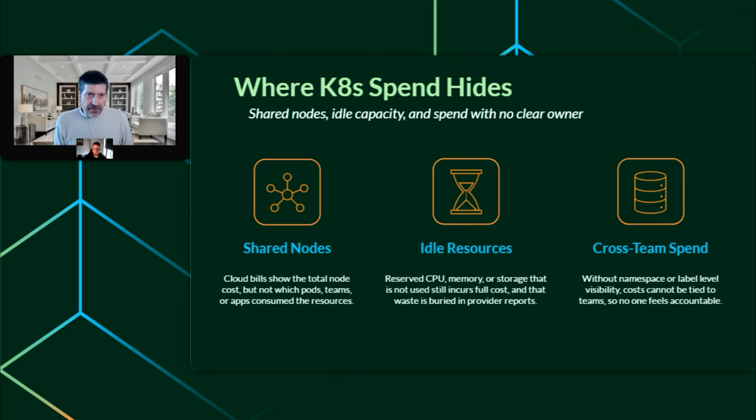Next place that Kubernetes spend really likes to hide out is in idle resources, things that you're paying for, but that aren't doing anything and are therefore providing no value. They are just a source of waste. When you request resources in Kubernetes and you use them either very efficiently, somewhat efficiently, or very inefficiently, or perhaps not even at all, you're still paying for those resources.